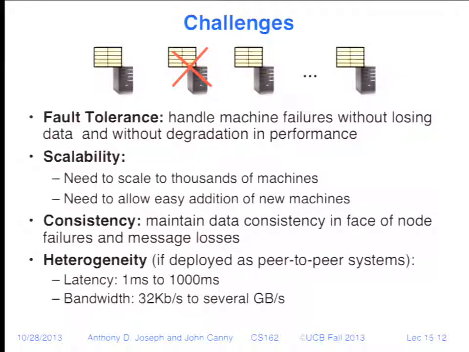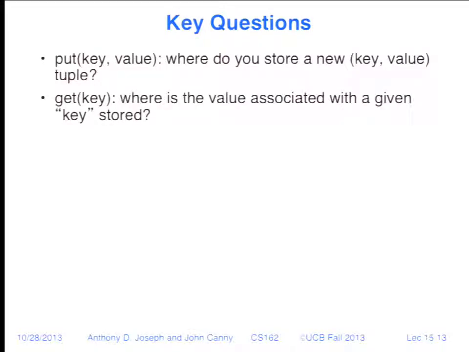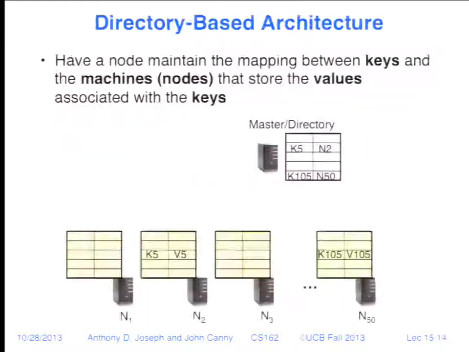All right. So we have these simple operations that we want to execute, but we have a lot of degrees of freedom because it's a big distributed system. At the same time as keeping this simple interface, we want to make sure that we have a lot of robustness built into the system. The simplest way to do this is to maintain a master directory that's keeping track of where the different values are stored.